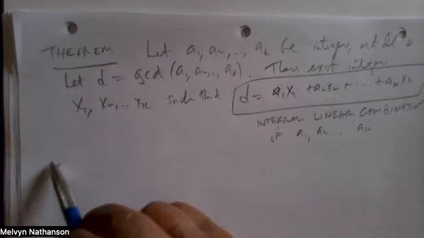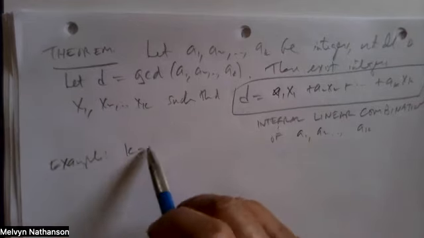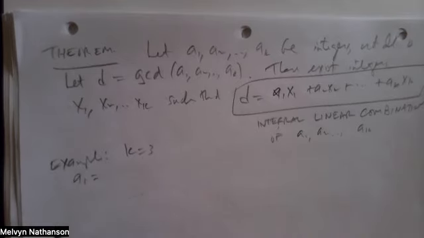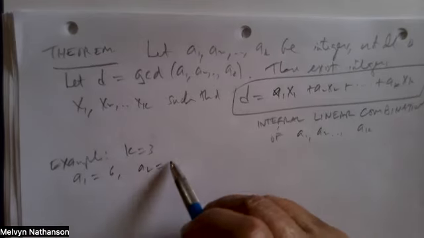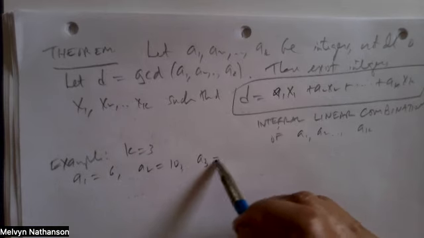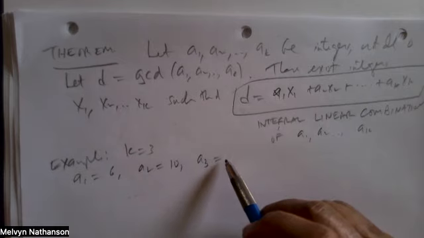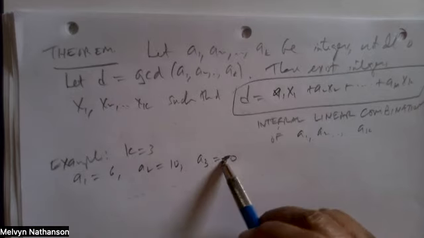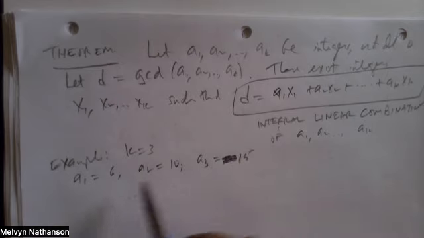Let me just look at an example. Suppose I take k equal 3 numbers. Suppose a1 is 6, a2 is 10, and a3 is 15. So here I have 3 numbers.